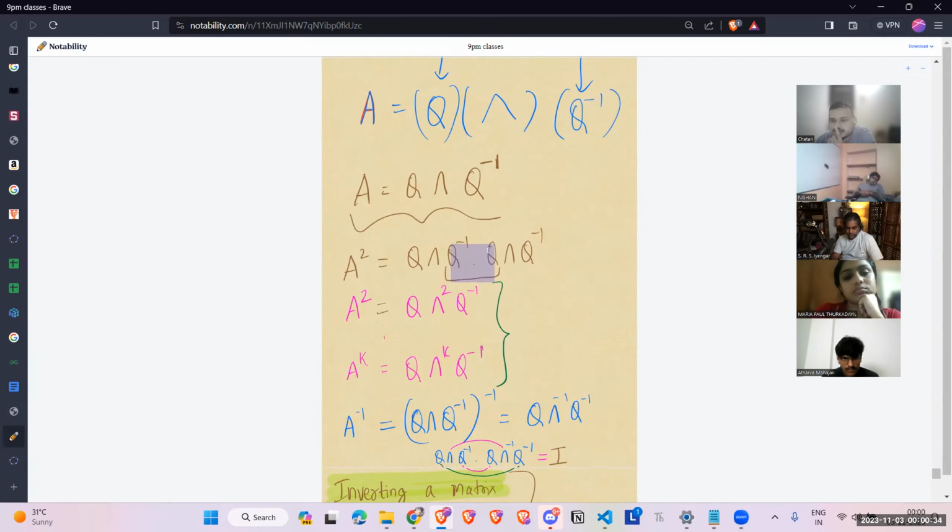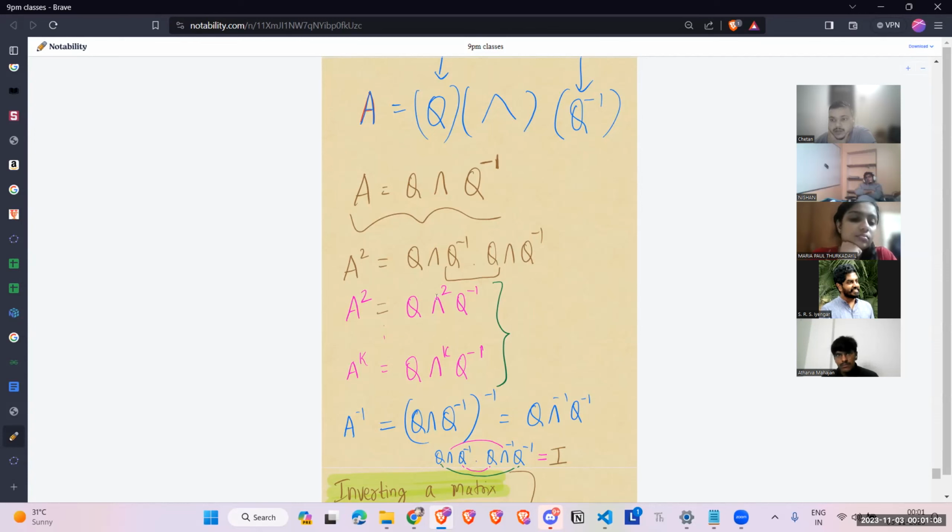Essentially, what it gave me is Q times lambda square times Q inverse. And I observed that, okay, it suffices to only square the eigenvalues, which are written as the diagonal matrix, right? It suffices to just square that part only, and I will get my A square. So we have simplified it quite a bit now, right?